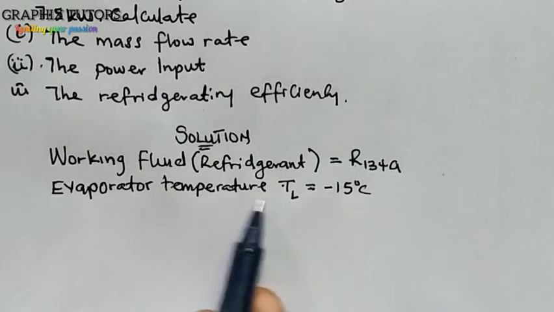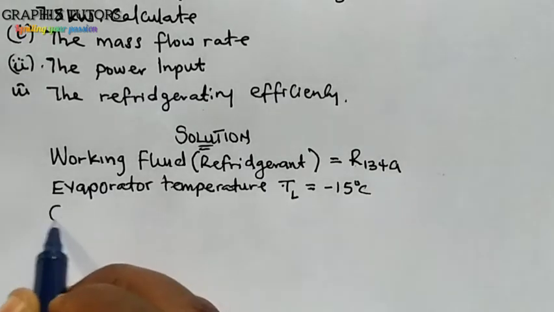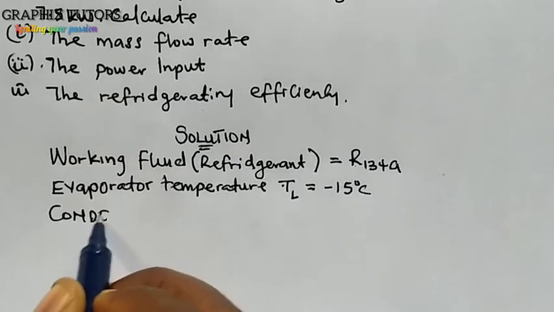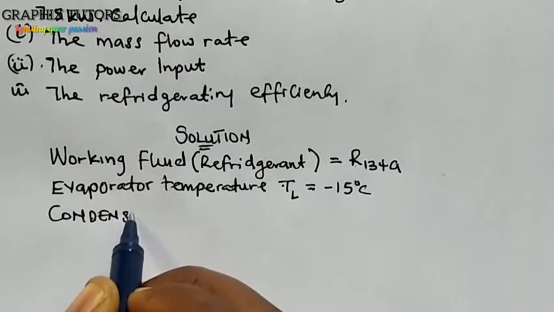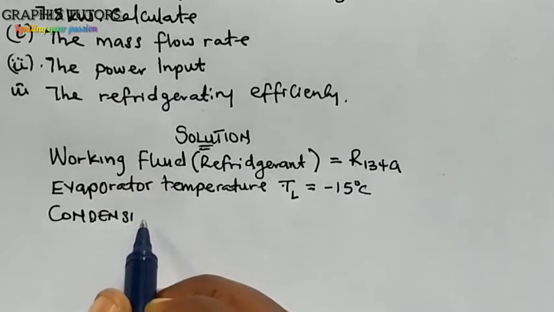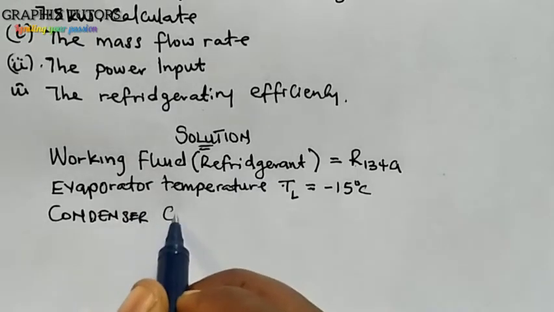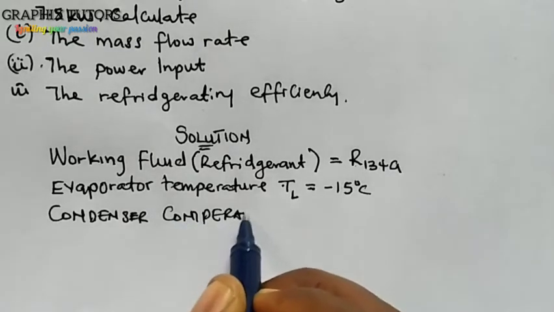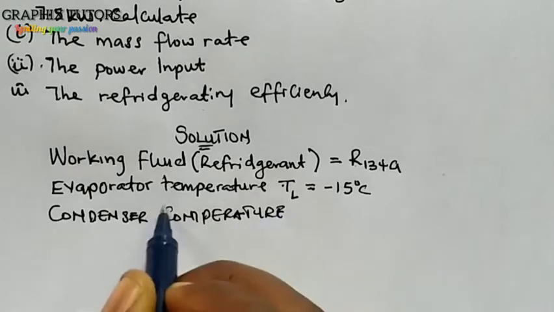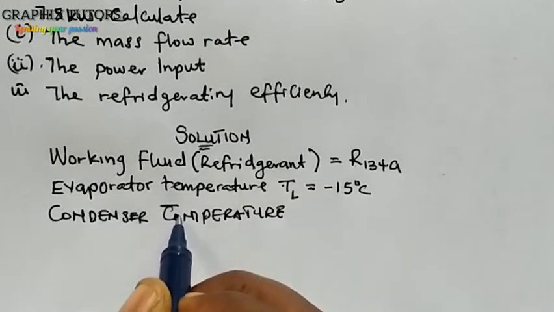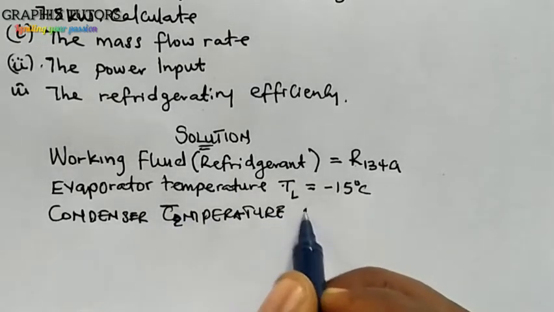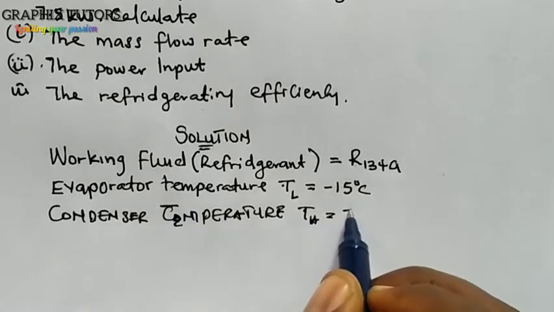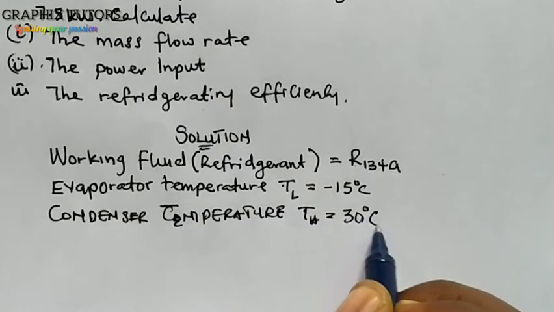So the lower temperature is always the low temperature. Then the next one is the condenser temperature, we'll call it TH, which is 30 degrees Celsius.